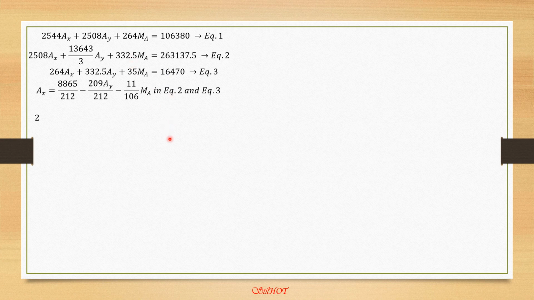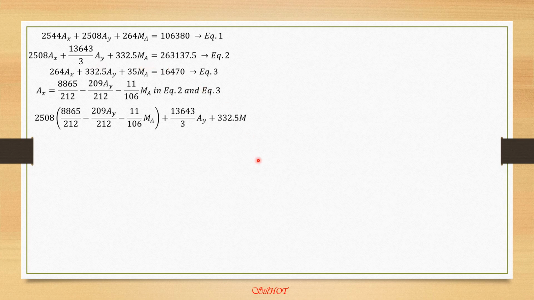So in equation 2, 2508 of AX: 8865 over 212 minus 209 AY over 212 minus 11 MA over 106, plus 13640 over 3 AY plus 332.5 MA equals 263137.5. So let's simplify this. First AY: negative 2508 times negative 209 AY over 212 plus 13640 over 3.